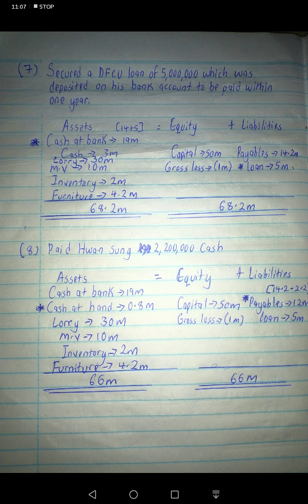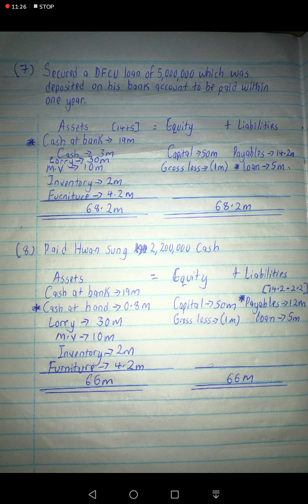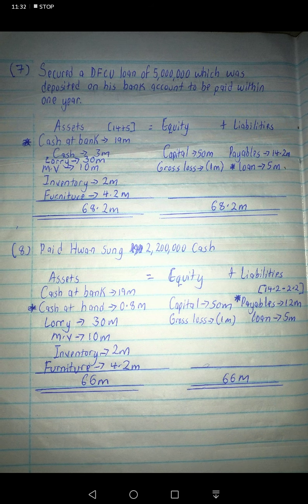That means our cash we had is going to reduce from 3M minus the 2.2M, resulting in 800,000, which I've called 0.8M. Then lorry of 30, then MV of 10, then inventory of 2M, then furniture of 4.2M, which is going to give me 66M.